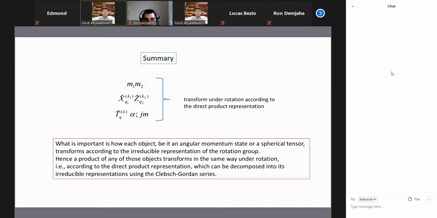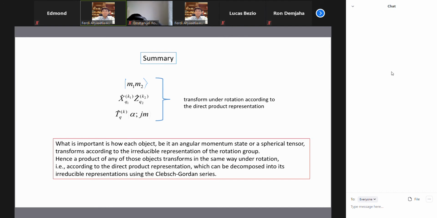We have a product of momentum states labeled by M1, M2, and we have also considered a product of two spherical tensors, X and Z here, labeled by K1, Q1, and K2, Q2.